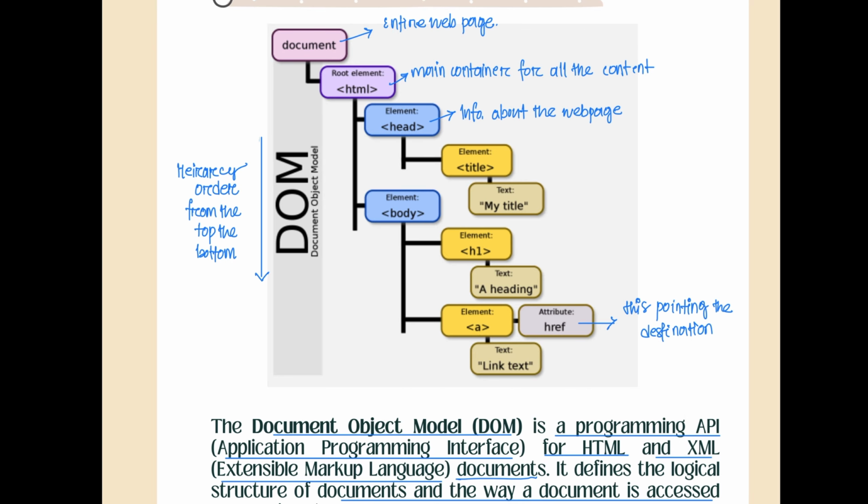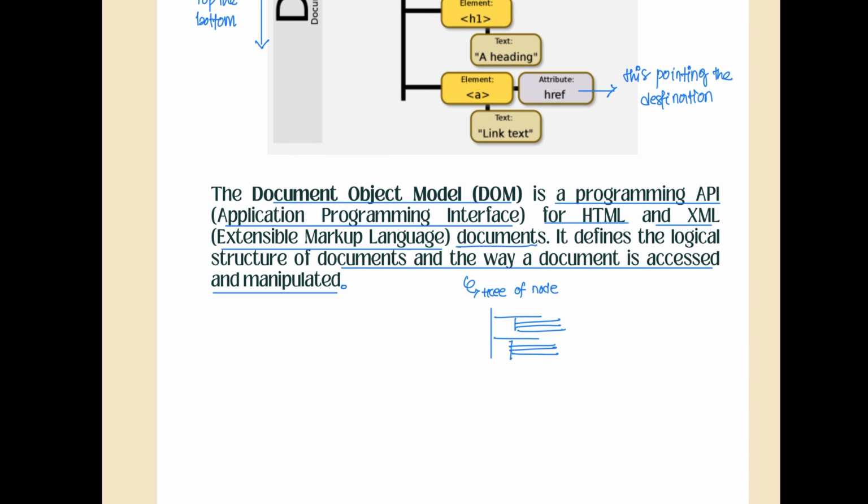Again reading the definition, the DOM, document object model, is a programming API, application programming interface, for HTML and XML, extensible markup language documents. It defines the logical structure of documents and the way a document is accessed.